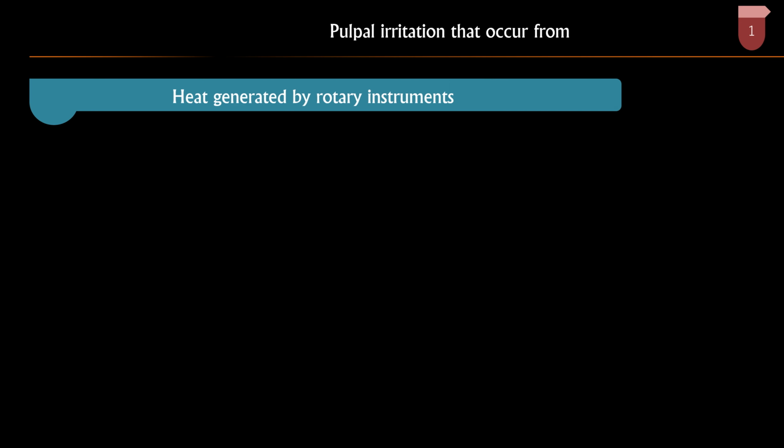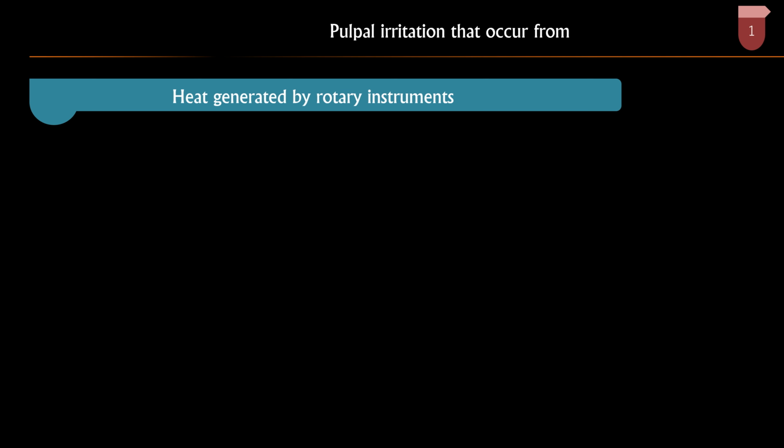If you are looking into the reason why we have to protect the dental pulp, we know that dental pulp is a soft tissue which is present inside the enamel and dentin. Being a soft tissue, it can easily undergo damage from many insults.